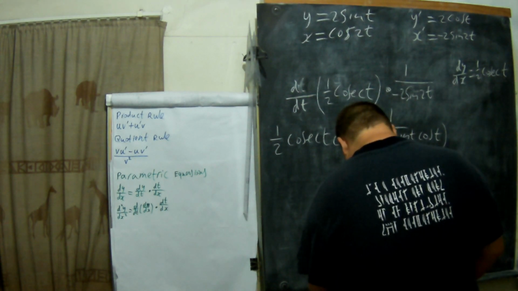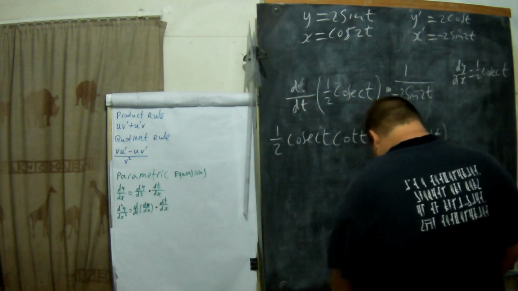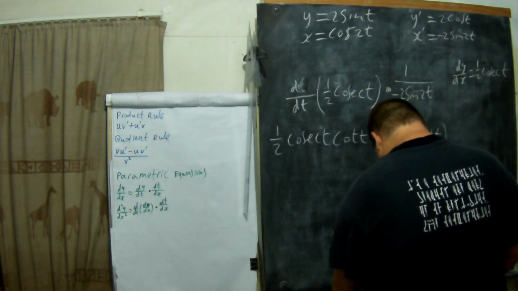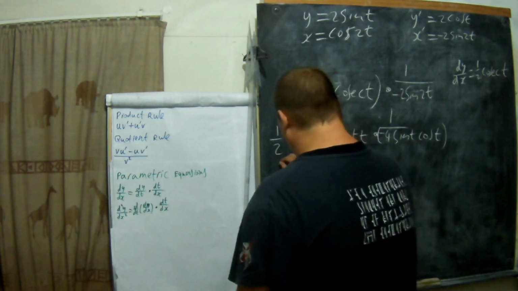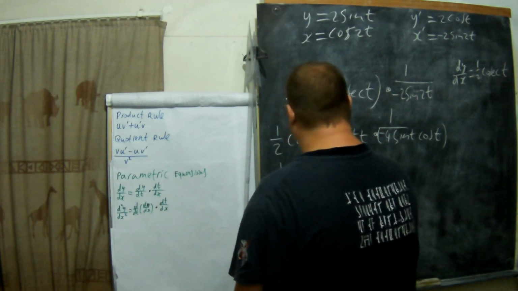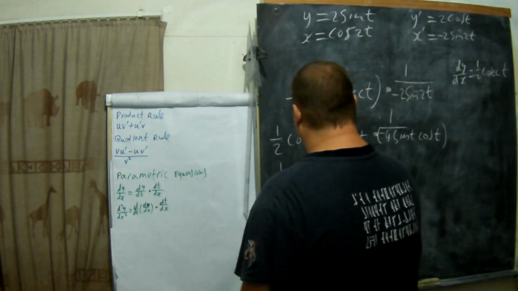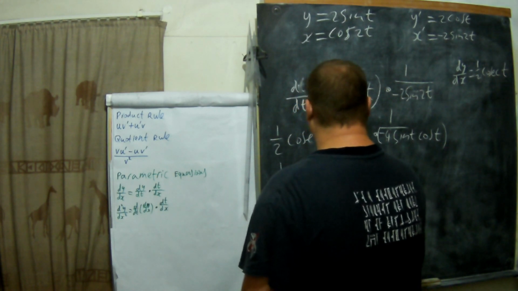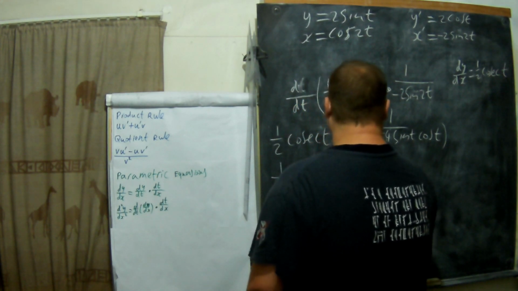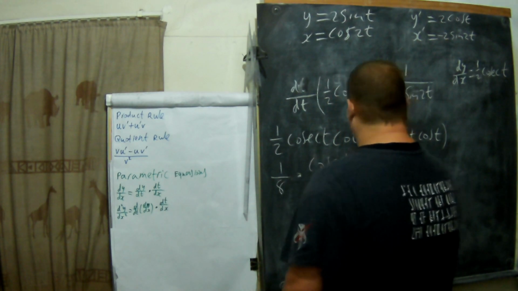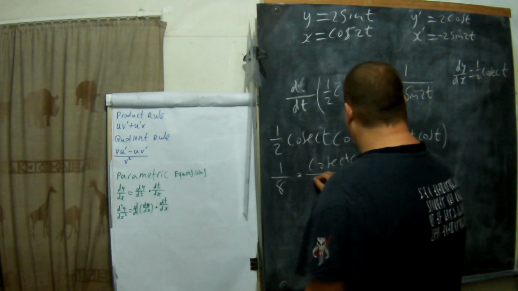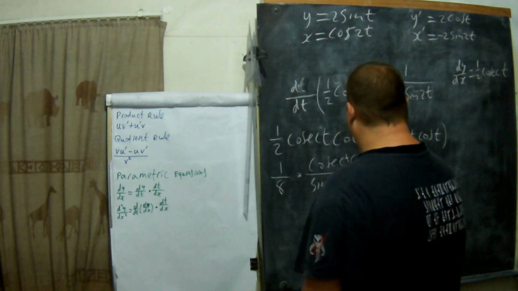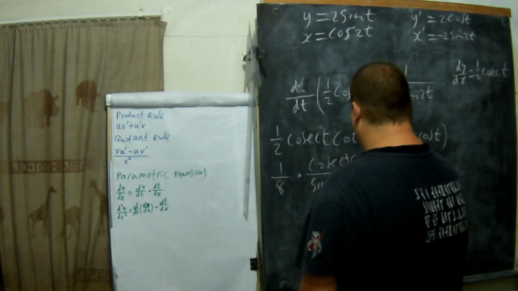It's 2 multiplied by 4 is 8. So this is 1 over 8 multiplied by cosec t cot t over sine t cos t.